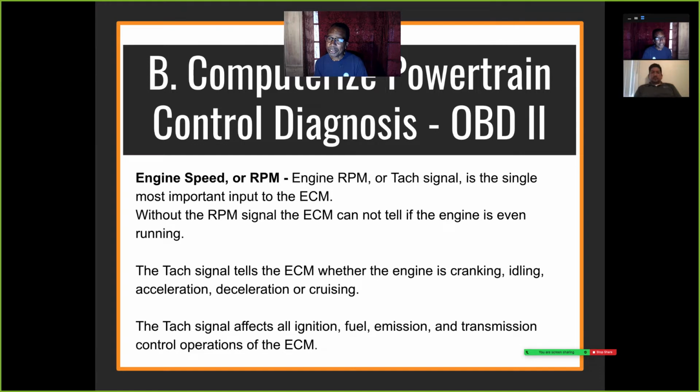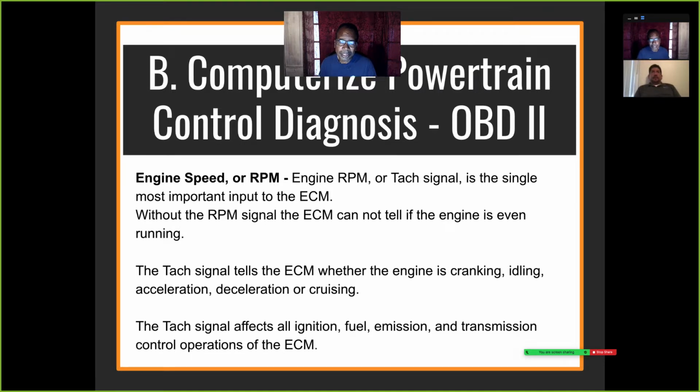Because when that signal goes away, the computer is going to turn off. So for instance, if I get a bad RPM signal that's cutting out, maybe from a chipped tooth or an erratic RPM input, the PCM is going to respond to that input and cause the car to either hesitate or cut out. So this is saying that it won't start, but if I get an erratic signal also, it's going to have a problem.